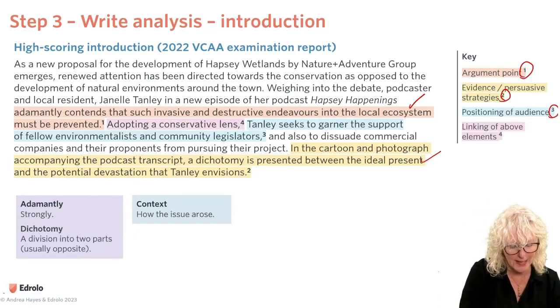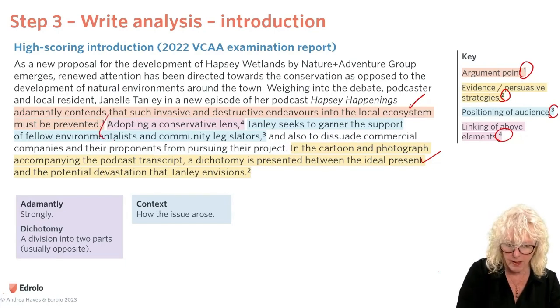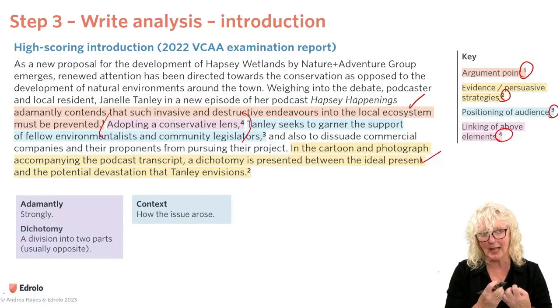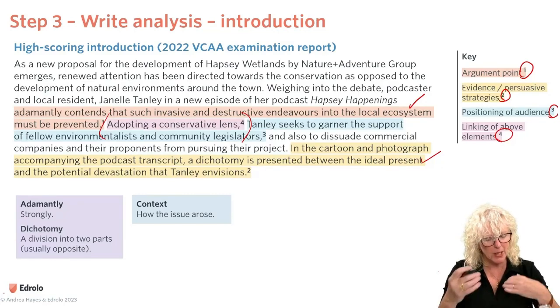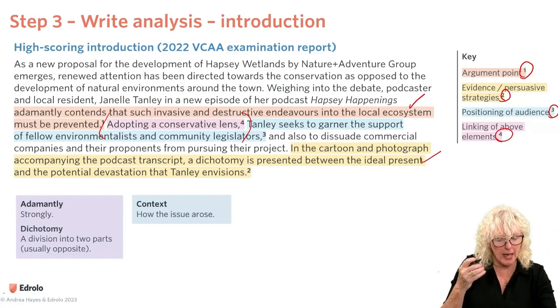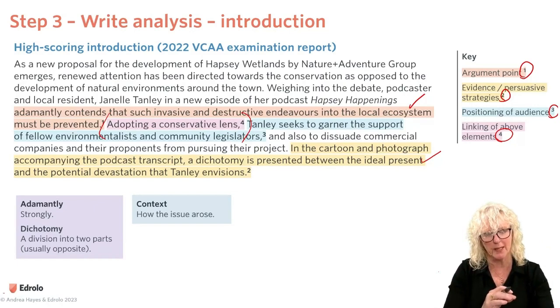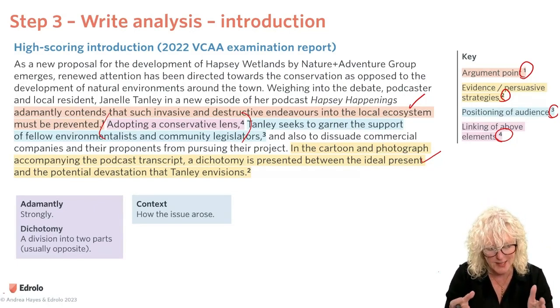And the pink, superscript 4, is an example of linking sometimes the persuasive element with an argument or sometimes with the positioning of the audience. This one's a little bit trickier to pick up and isolate.